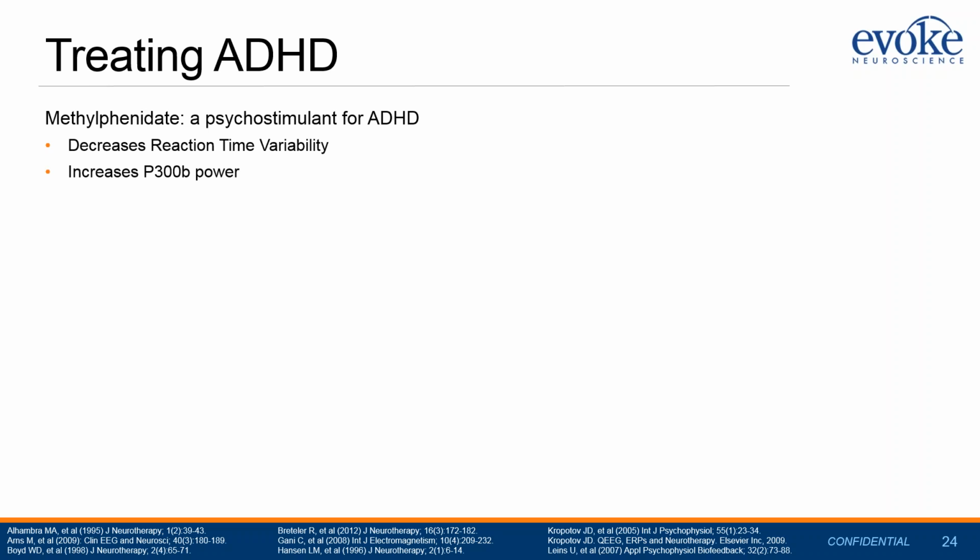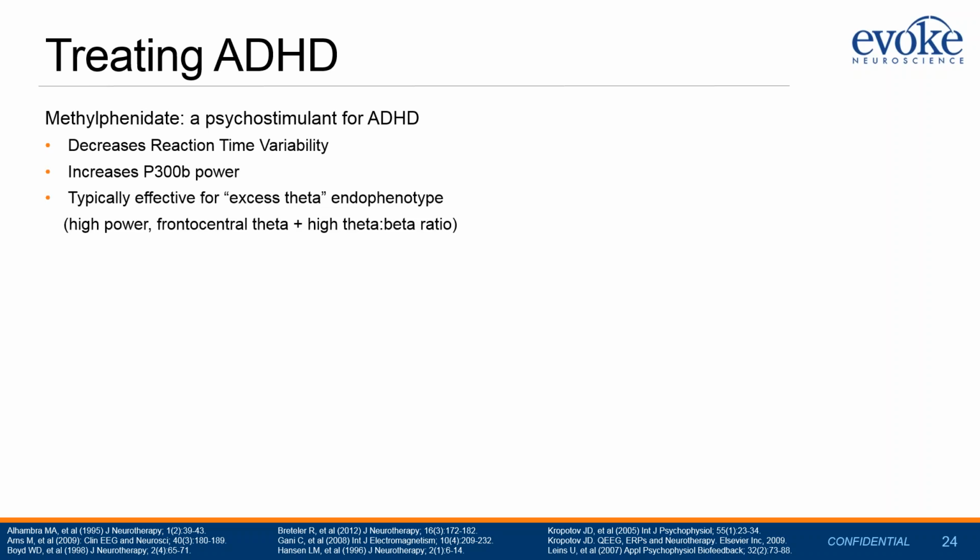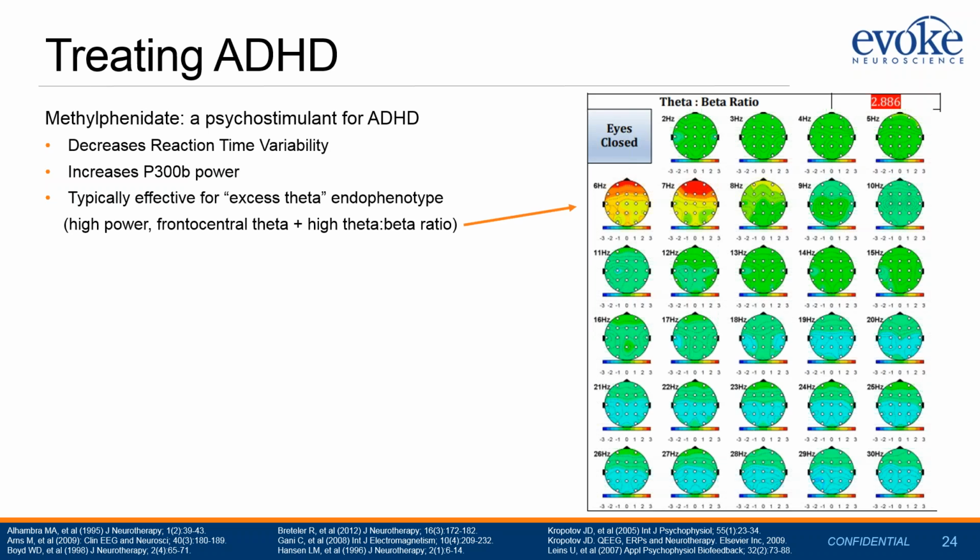It increases their P300B power. Now, I'll note it doesn't increase their P300A power, because remember, it's really this working memory P300B component that is affected in ADHD. And it's typically effective for our excess theta type of ADHD. Remember, that is the high power in the frontal-central theta and high theta-beta ratio.